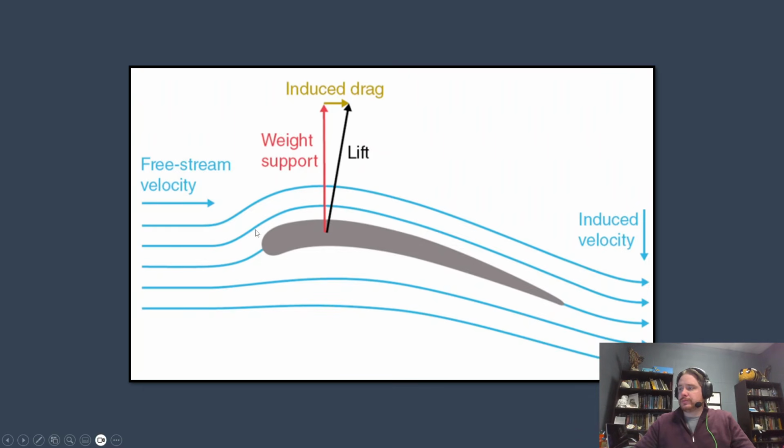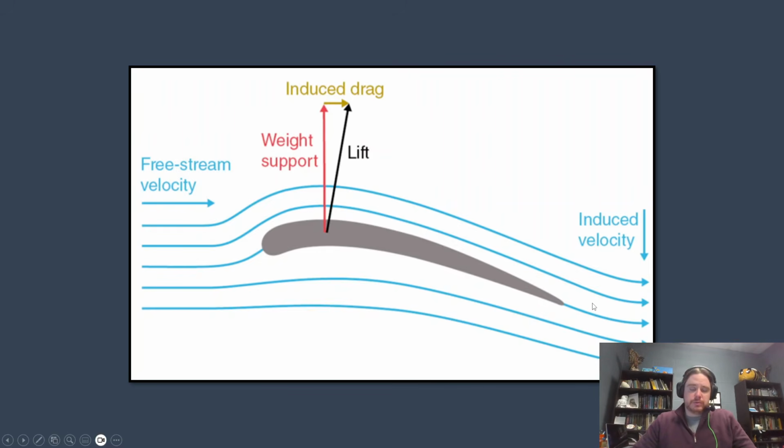And so the air is deflected along the upper surface of the airfoil, and the free stream velocity is pulled downward. In other words, we induce a velocity on the air over the wing in a downward direction.